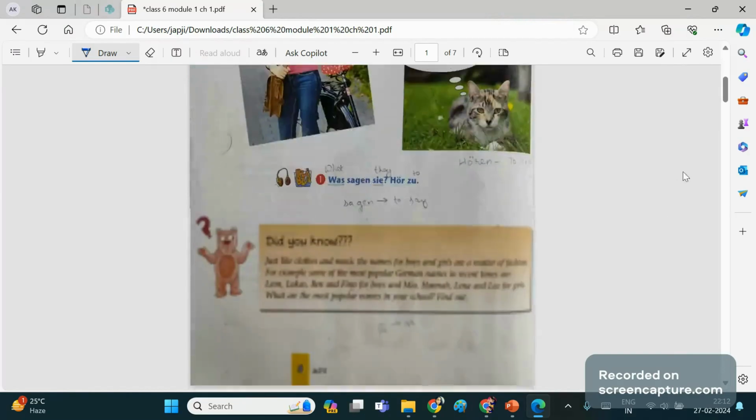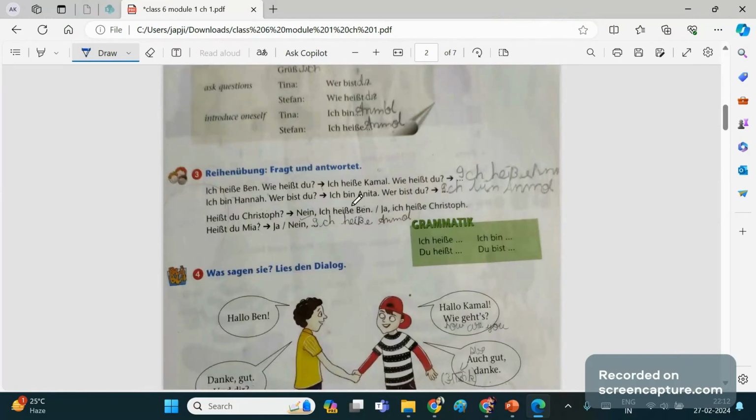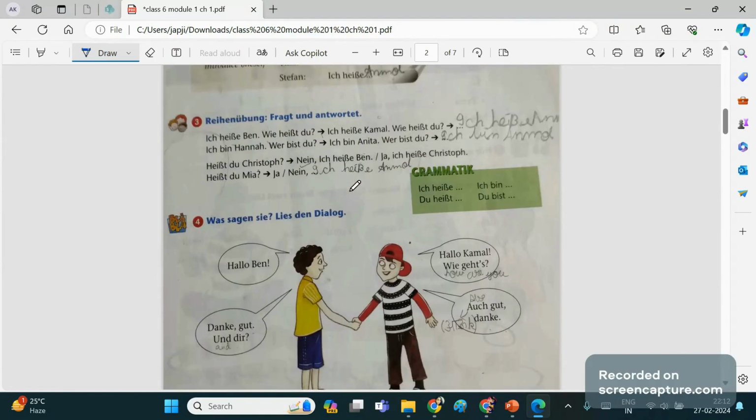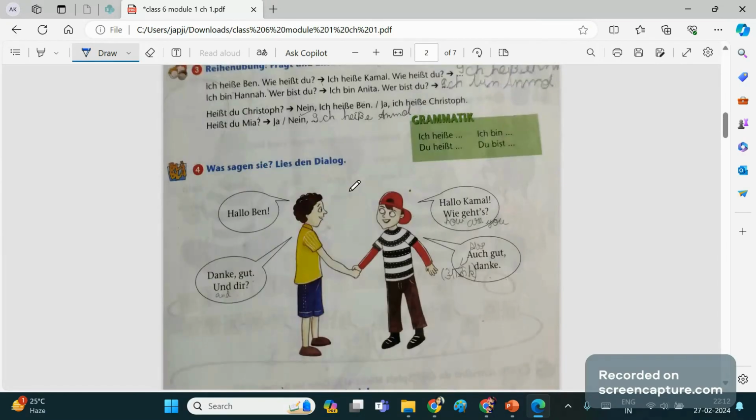Okay, so we have discussed almost all of the concepts of the book. Let's read this dialogue. "Hallo Ben." "Hallo Kamal, wie geht es dir?" So "wie geht es dir" is how are you? See, you will not answer with "Ich bin gut", no. You will answer with "Gut, danke." Okay, that is the way you're supposed to answer if someone asks you "wie geht es dir".